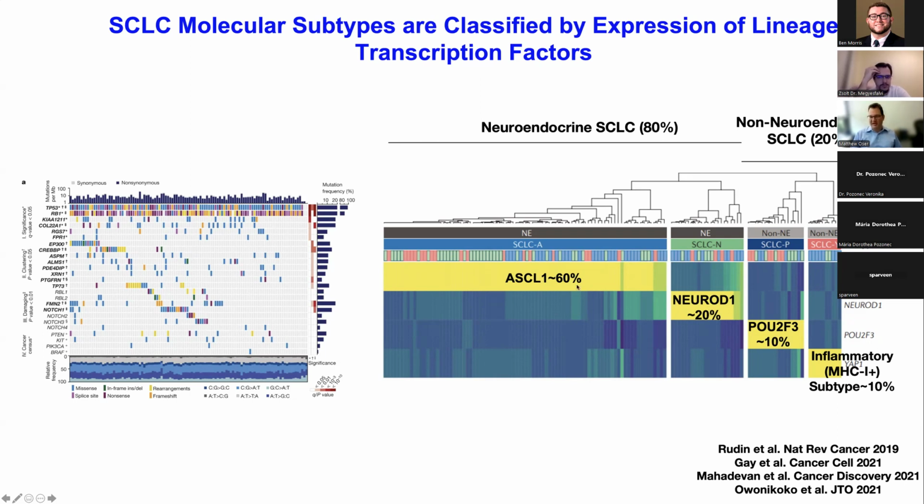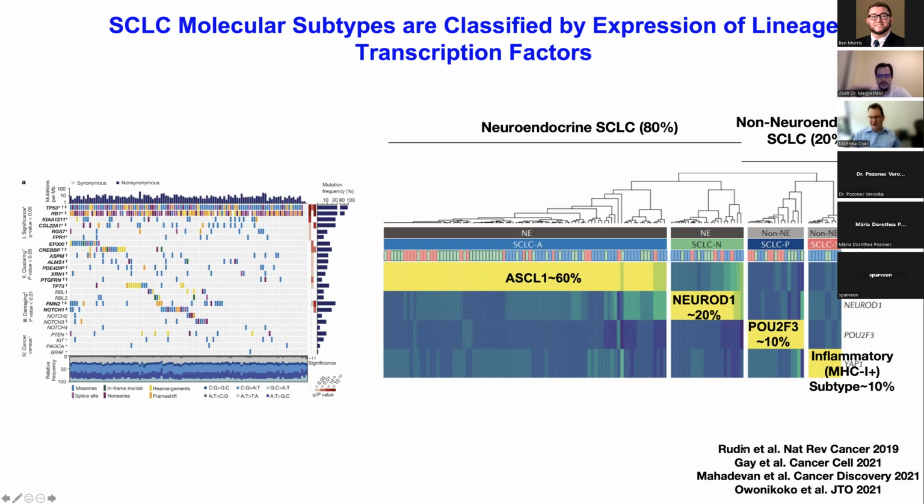For example, ASCL1 and NeuroD1, although presented here in the initial review as distinct subtypes, and they are, usually one is dominant or the other is dominant. There really are a large number of tumors that, you can even appreciate on the RNA-seq data, express a little bit of the other transcription factor.